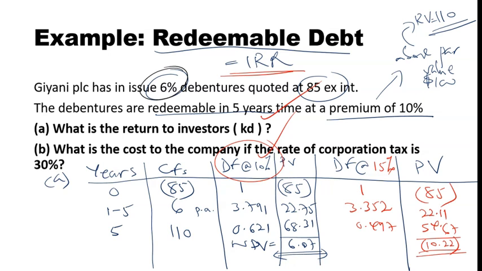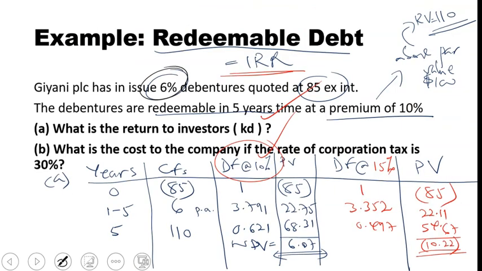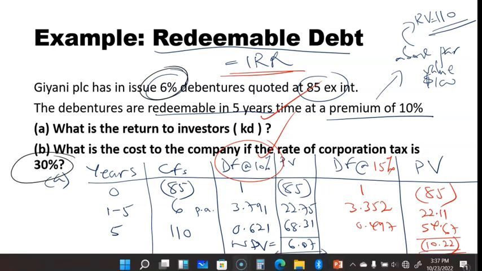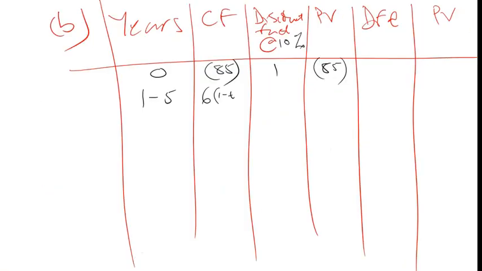So 6% multiplied by 100 gives us $6, but we need to adjust this by the tax rate, so 1 minus t, and we are told that the tax rate is 30%, 0.30.